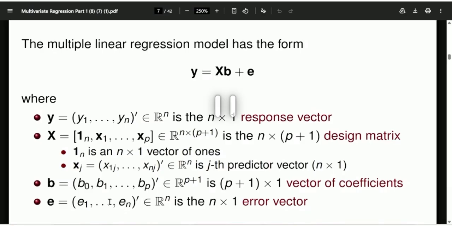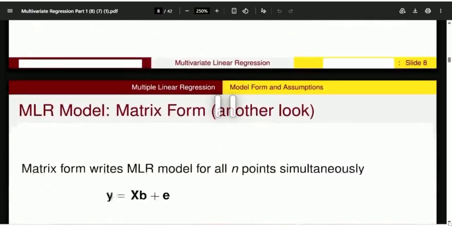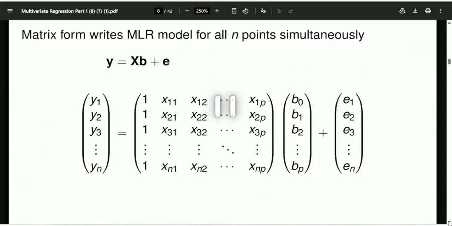There's something I wanted you to take note of. The response variable and the error have the same dimension. That will occur all the time. The response variable is an n by 1 response vector, and the error is an n by 1 error vector. Okay, now let's have another look.